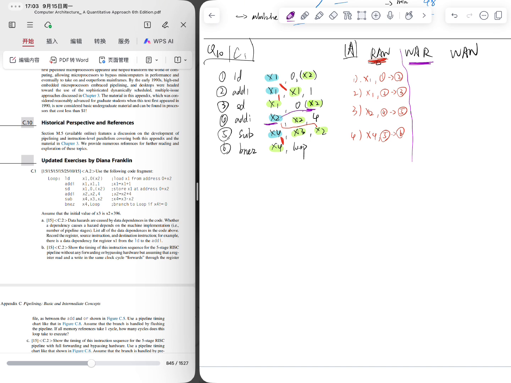So here we'll have WAR. For x2 we have 3 go to 4, but actually that's 4 go to 3. So right after read.